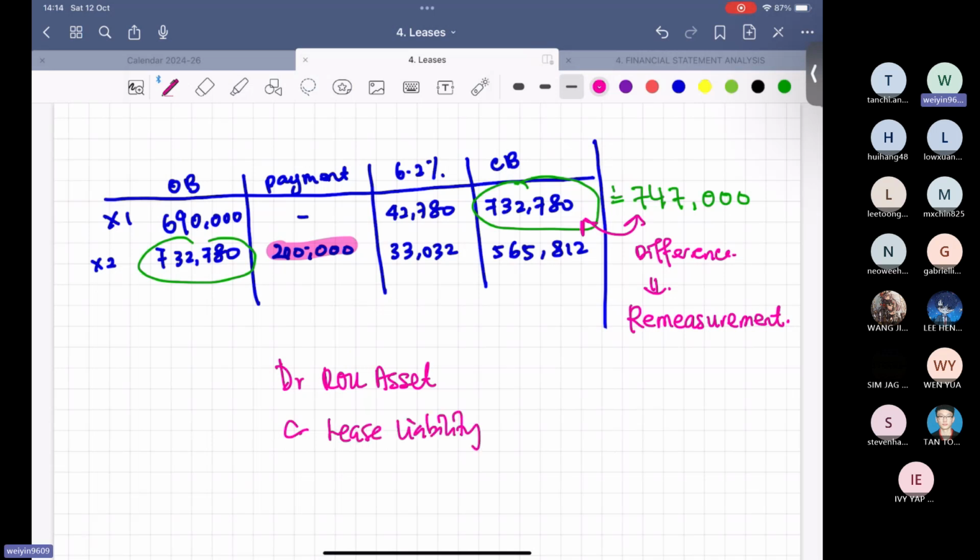You have to make sure it is increased from 732,780 to become 747,300. So I got 14,520. All right. So because of these changes, class, this amount shall change.